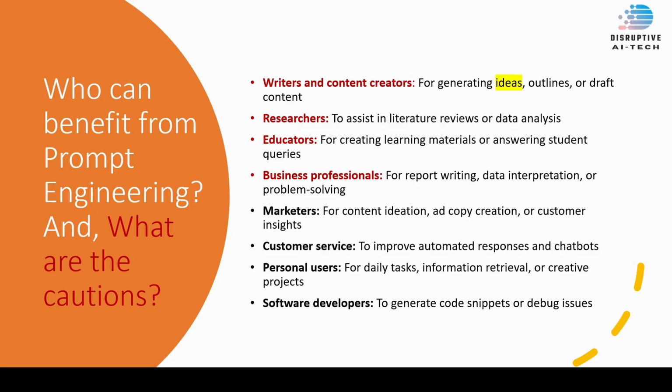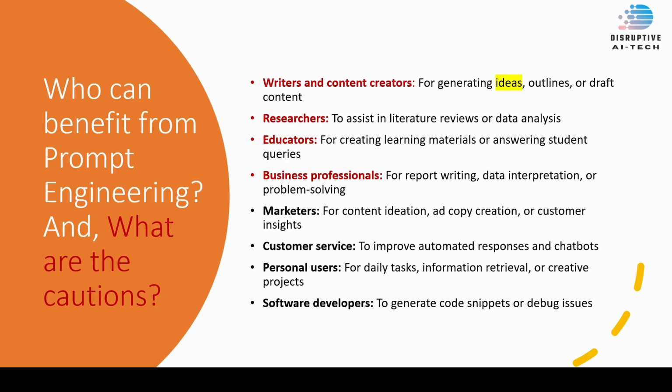The first 4, writers, content creators, researchers, educators and business professionals, are writing the content for their audience. So if you are getting the content from an AI system and you are using it as it is, and delivering it as it is to your customers, there are tools and ways people can find out if it is AI generated or not.